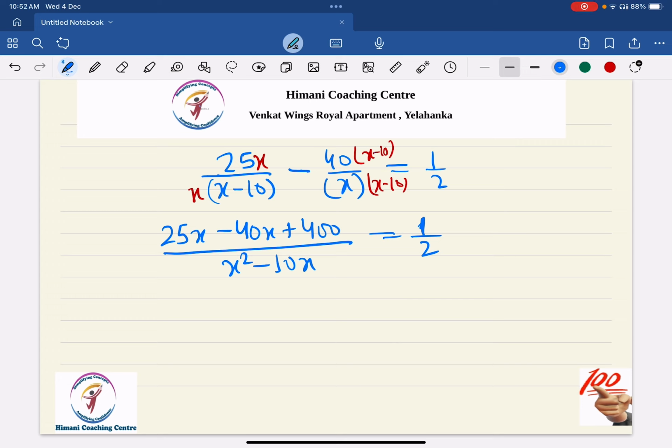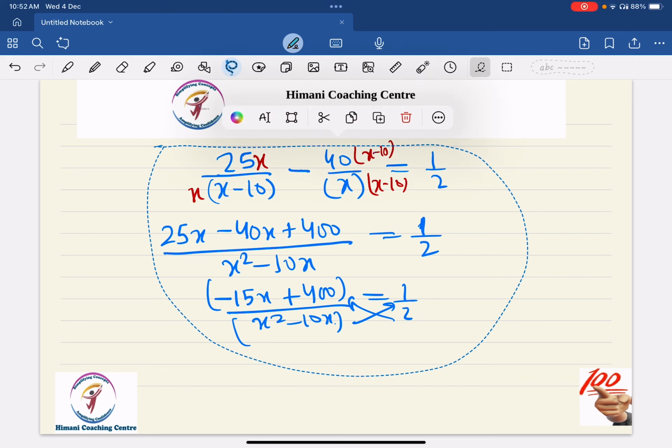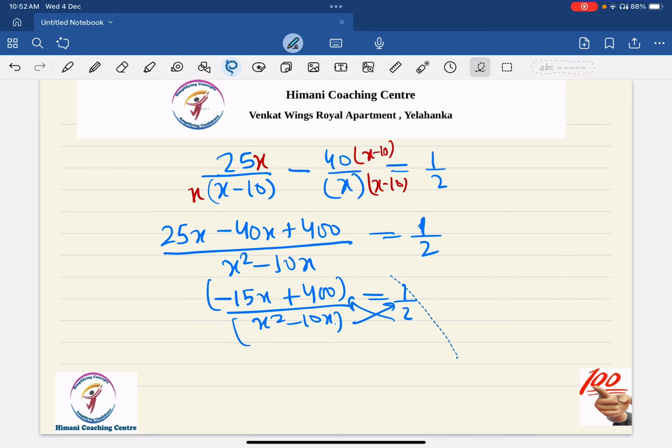Okay. Now we will get minus 15x plus 400 divided by x square minus 10x, which is equal to half. Now let us do cross multiplication to make the equation, and then we will have to solve the quadratic equation. Okay, so let us just minimize this.